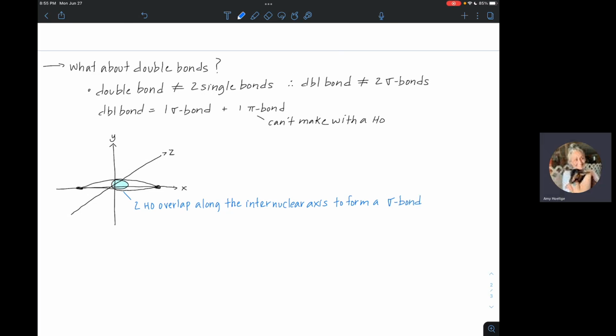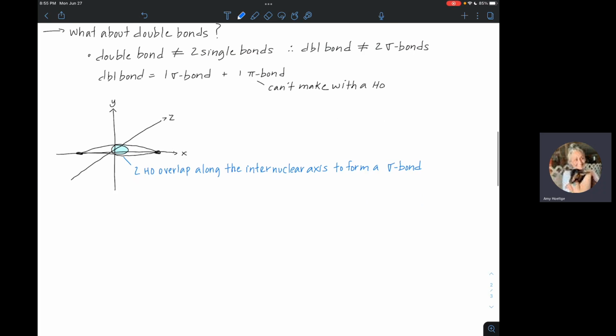So here's your sigma bond. We have two hybrid orbitals that have overlapped along the internuclear axis. So imagining that internuclear axis to be the x-axis, you can take that forward when we draw our double bond out.